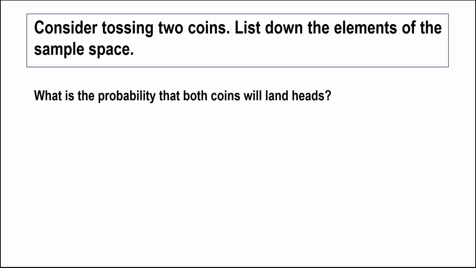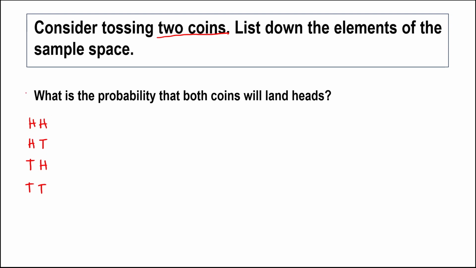Then for this problem, consider tossing two coins. List down the elements of the sample space. Since we are tossing two coins, these are the possible outcomes, or the sample space. We can have two heads, one head and one tail, one tail and one head, or two tails.